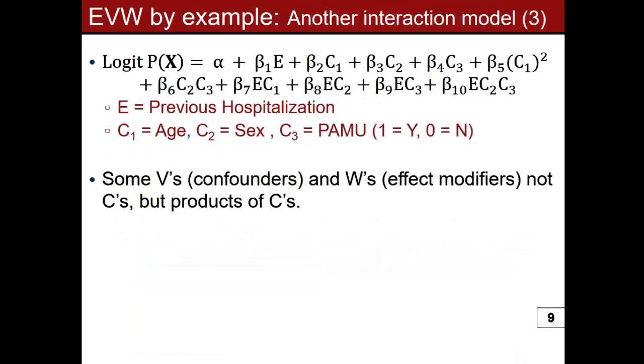Okay, so here's a really crazier model. This one might be irritating. Here, not only do we have the main effects, we have another thing, C1 squared. Why would we do that? Well, C1 is age, and age is continuous. Maybe age squared is meaningful in the analysis, right?